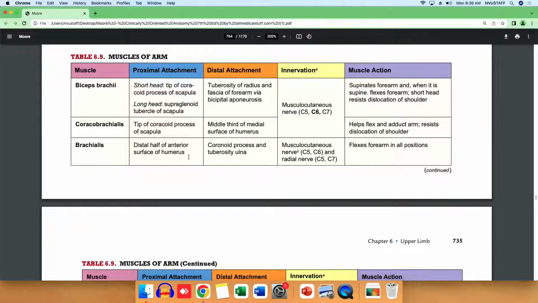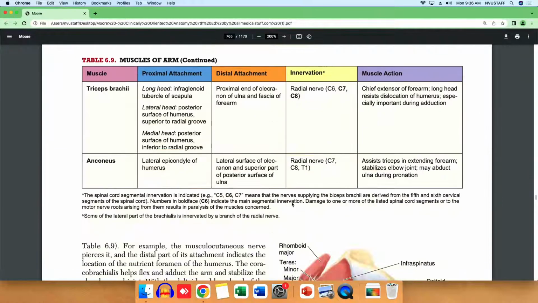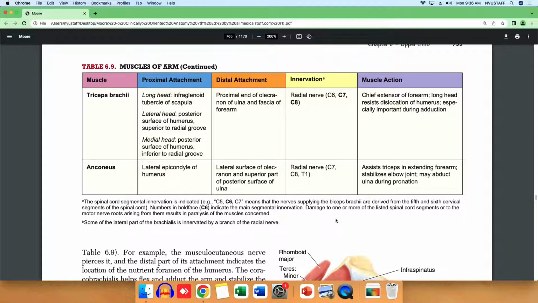For the anterior compartment muscles, I need the muscle name, proximal and distal attachment, and muscle action. I do not need the innervation. The same happens here: name, proximal and distal attachment, action, and no innervation. For now at least. Next semester we will cover the innervation details.